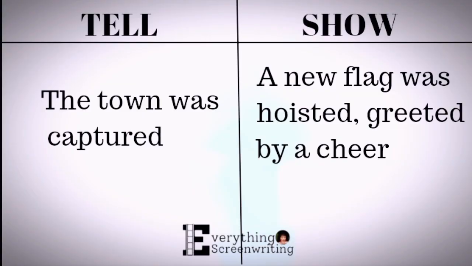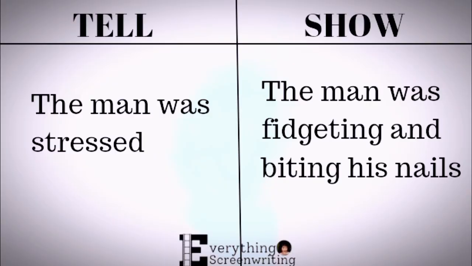Instead of saying the castle was captured or the town was captured, you can say a new flag was hoisted on the gates in the entrance of the castle and people were cheering the new government. Instead of saying that the man was stressed, you can say the man was fidgeting and biting his nails. We are not in the head of the person.